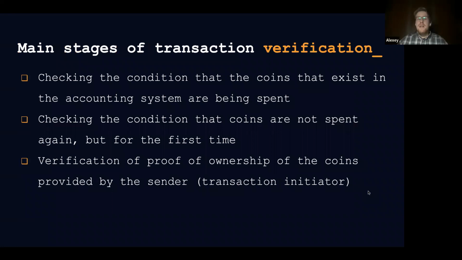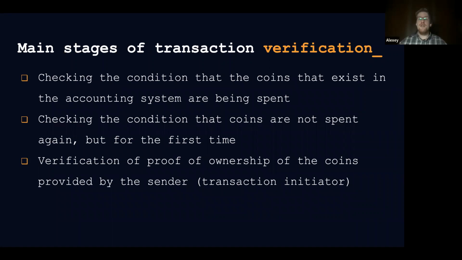What are the main stages of transaction verification? So the first is to check the condition that the coins that exist in the accounting system are being spent. So again, we circle back to this proof that coins are not created from thin air.